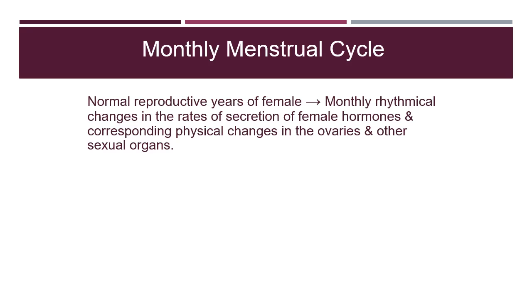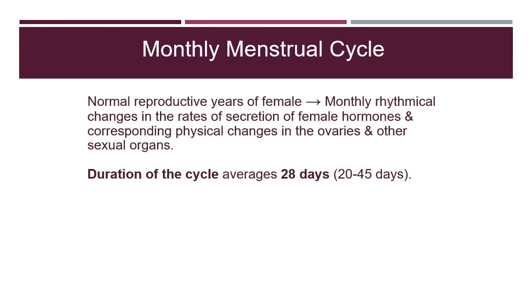After puberty, in the normal years of reproductive function in females, there are monthly rhythmical changes in the rates of secretion of female hormones, and they correspond to physical changes that take place in the ovaries and other reproductive organs. These rhythmical changes are recognized as the monthly menstrual cycle, which can be more accurately described as the monthly female sexual cycle.